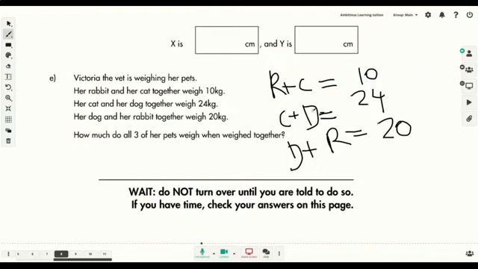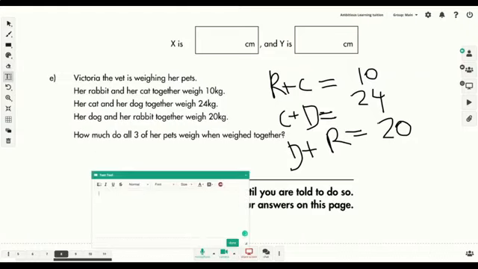But then you have to see how many of each of them there are. If you look, there are 2 cats, there are 2 dogs, and there are 2 rabbits. So there are two of each. So I will write here, 2 of each means 2 in the brackets: rabbit plus cat plus dog equals 54.